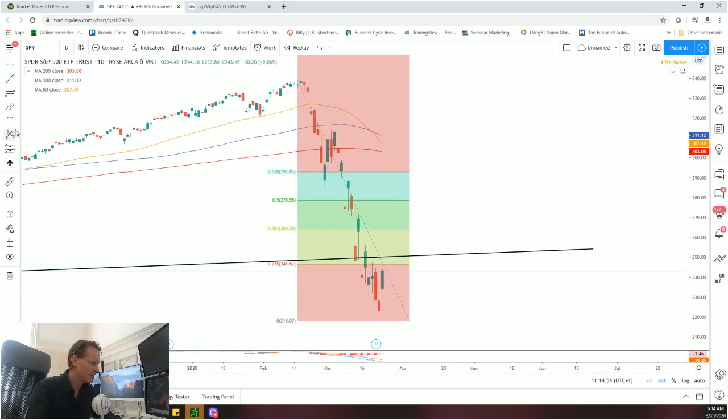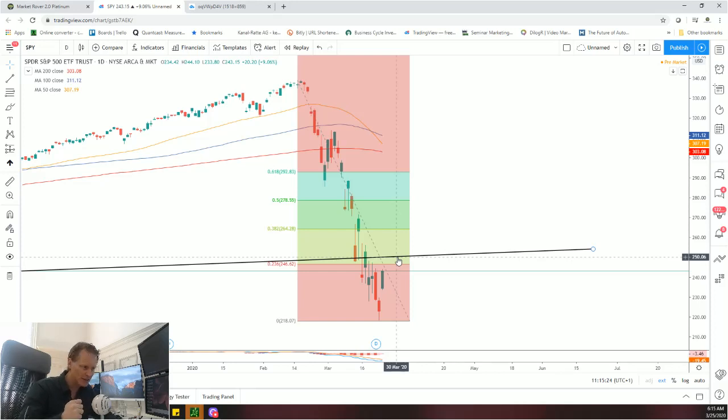You take your Fibonacci retracement tool and put it from the high of the move to the recent lows, and you can see that so far we've had a 23.6% Fibonacci retracement. That's your first level of potential resistance, around 246 on the SPY ETF, give or take a few points. This is not too far from that 250 area where the lower end of that long-term line comes in as resistance.